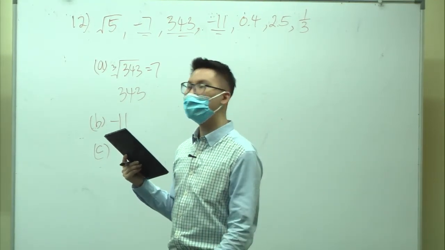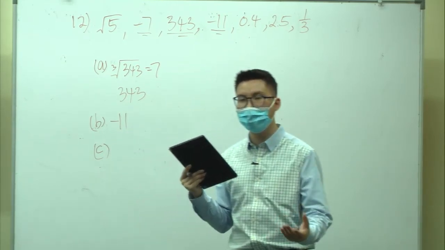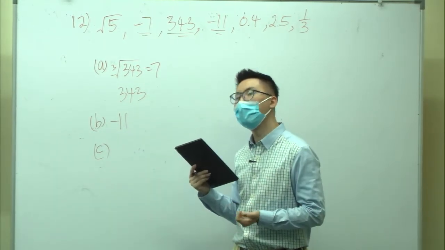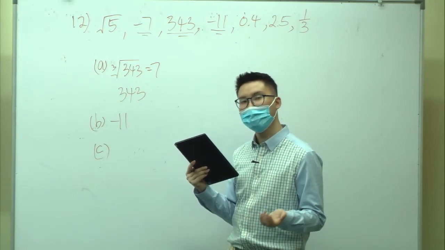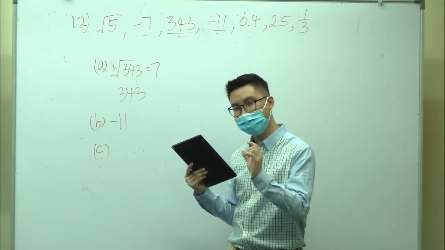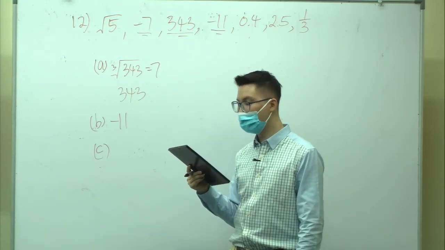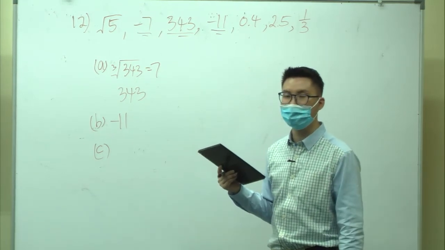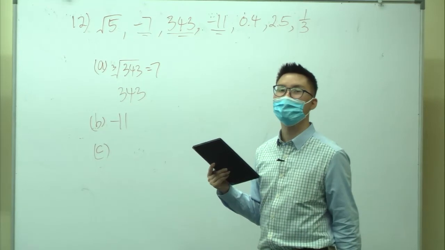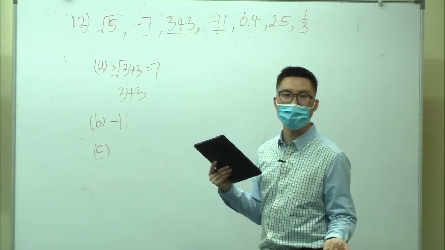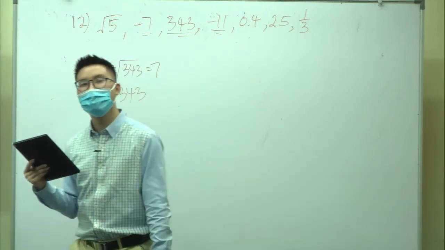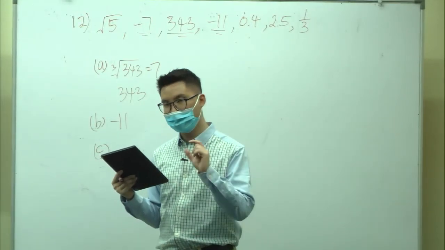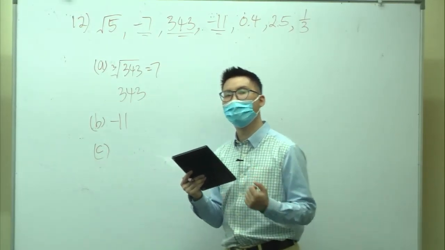It is just like the whole number, but the only difference is the natural number doesn't contain 0. Whole numbers contain 0, but natural numbers don't. So the natural numbers start from 1, whole numbers start from 0.